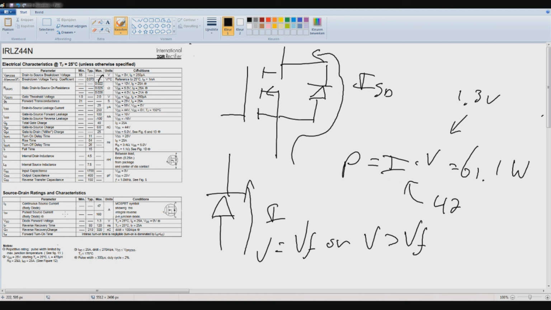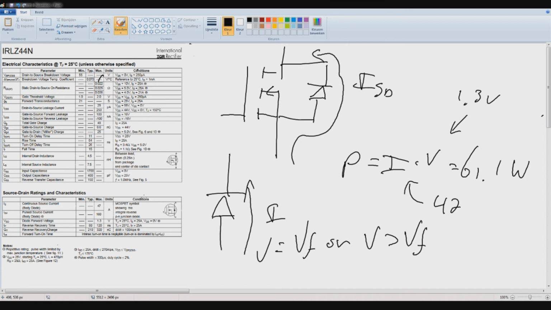And then we have recovery time, reverse recovery, which is basically how fast it can recover from conducting, and reverse recovery charge, which is the parasitic charge that's held by the diode. And it's simply the same.